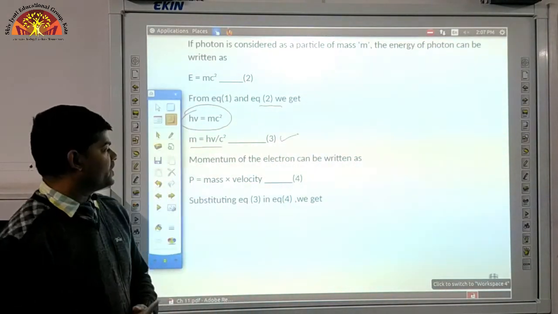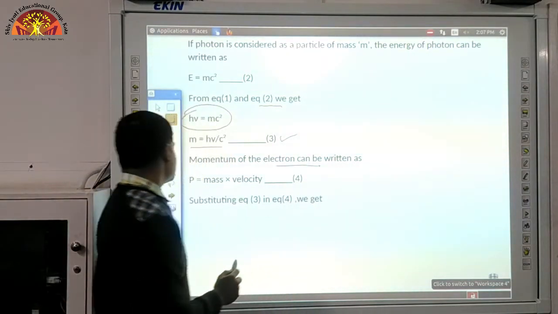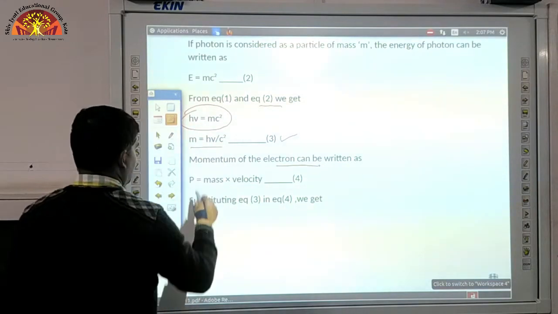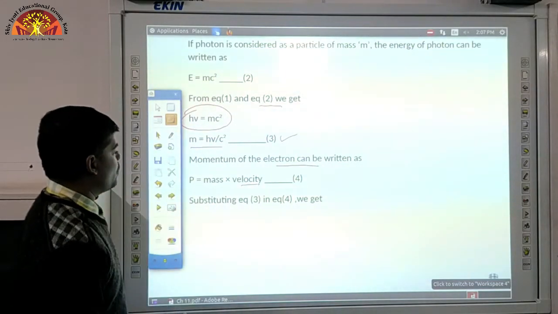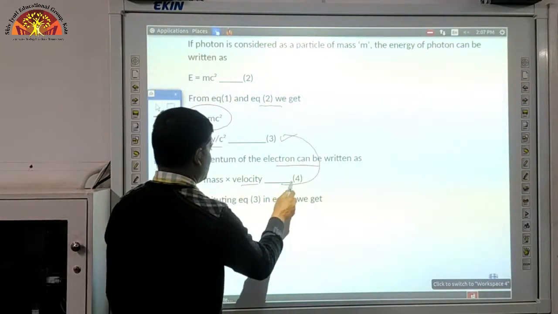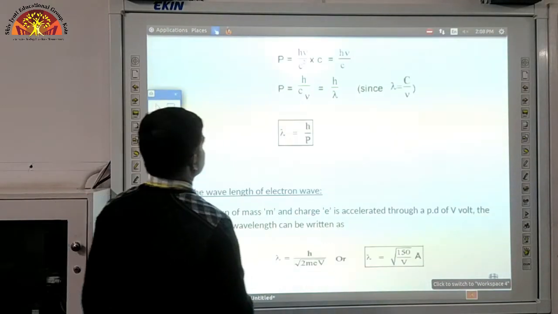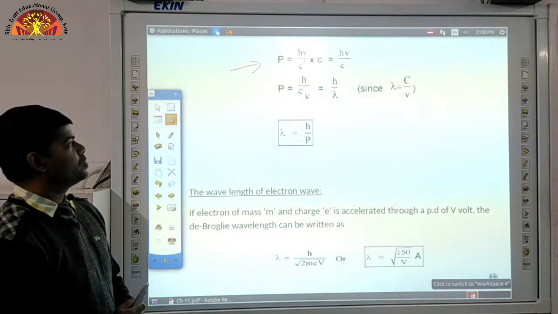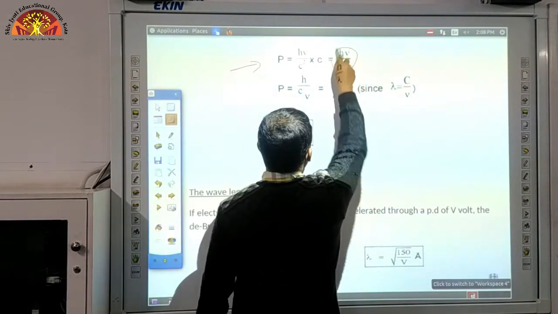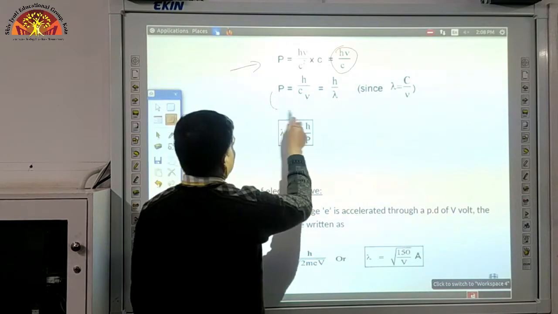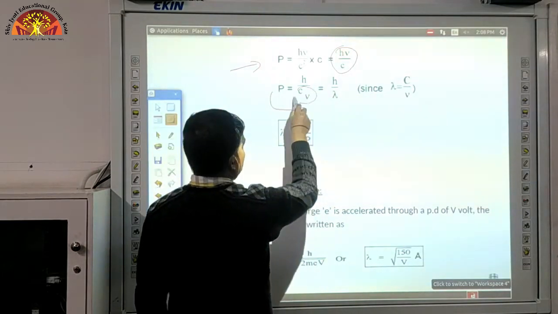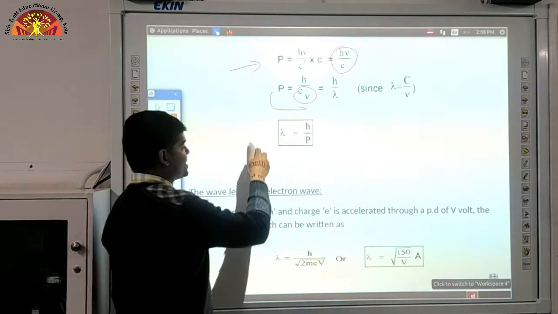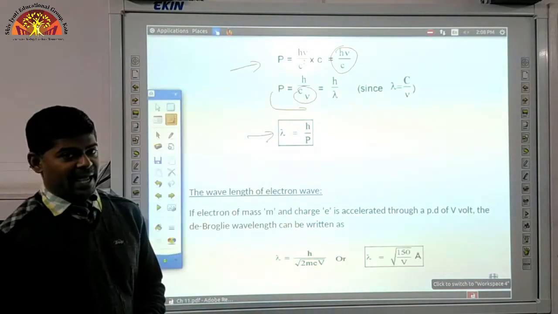Now the momentum can be written as p equals mass into velocity. Now we have to substitute equation number 3 in equation number 4. After substituting, we get p equals h nu upon c square into c. Simplify करने के बाद बच्चों अपन को h nu upon c मिलेगा. After simplifying, we can convert c upon nu, that is equal to lambda. So we get p equals h upon lambda, or you can say lambda equals h upon p.